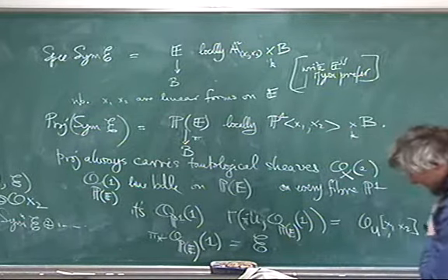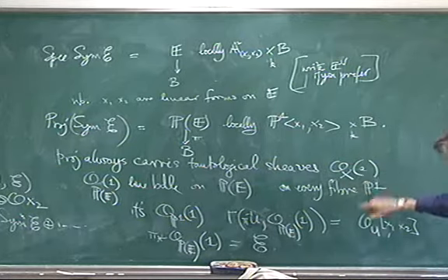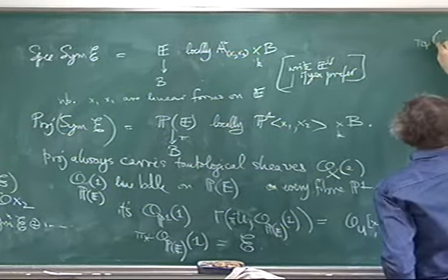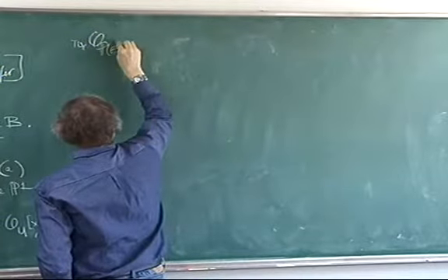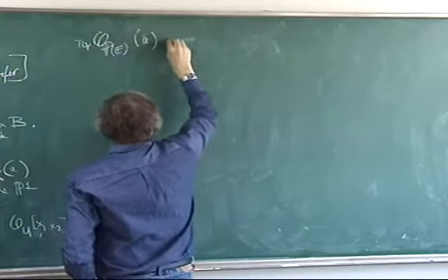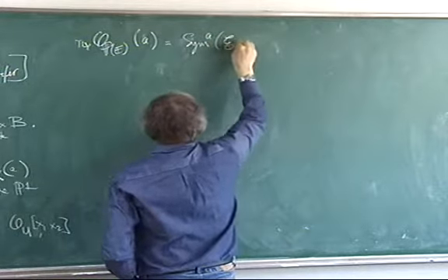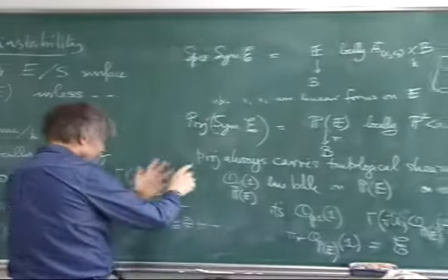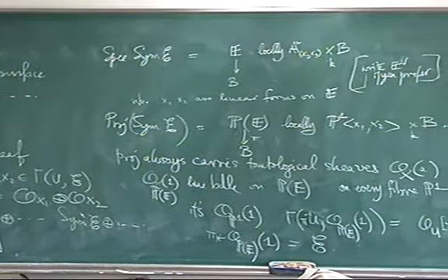And if I do pi lower star of O_P(E) with a weight a, this is Sym^a E. Right, so this is just the definition of a Proj. When you do Proj, this is the tautological information you get.